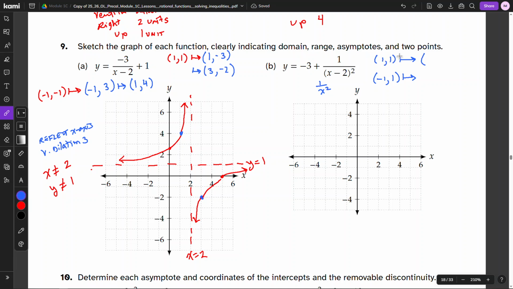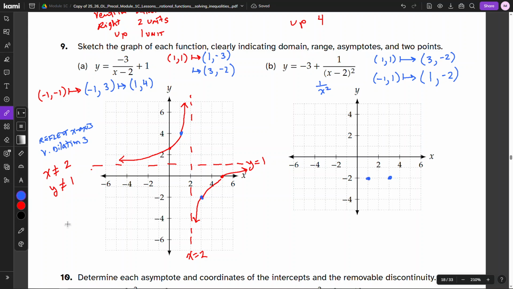So move to the right by 2, move down by 3, right? So I'm going to have the point 3, -2. And what about this one? Move to the right by 2 units and move down by 3 units. So I'm going to have the point 1, -2.